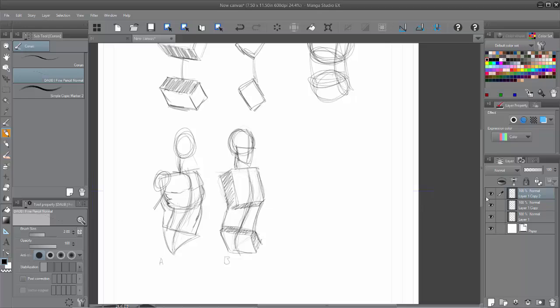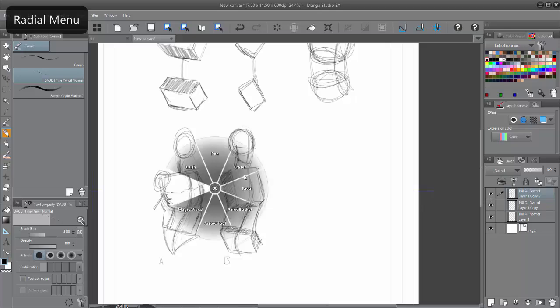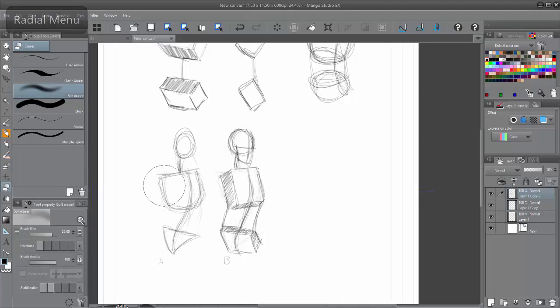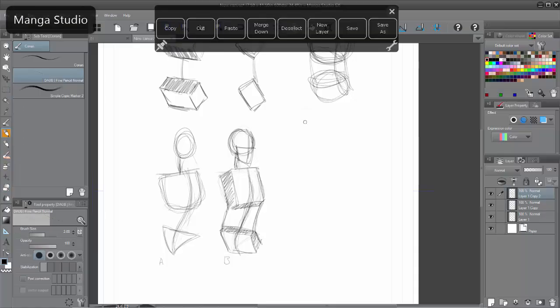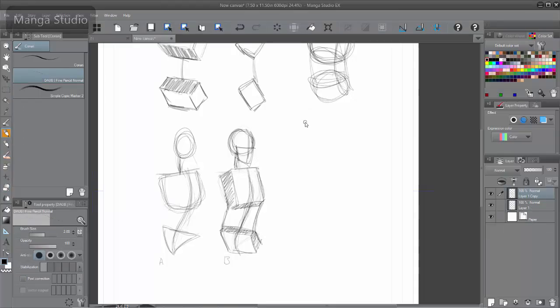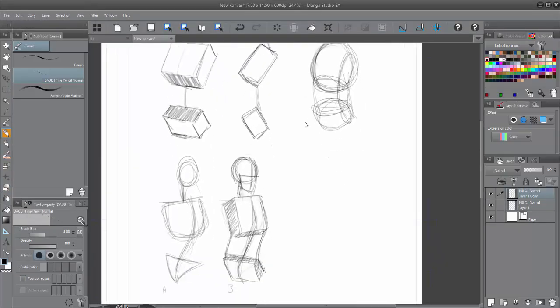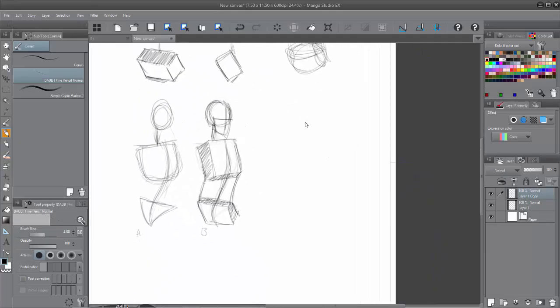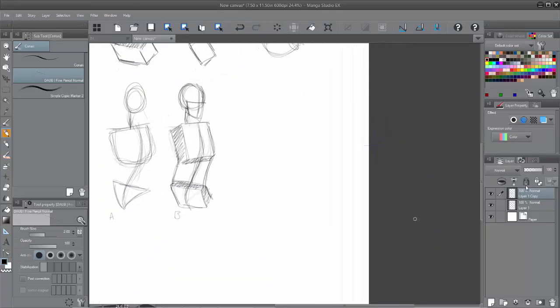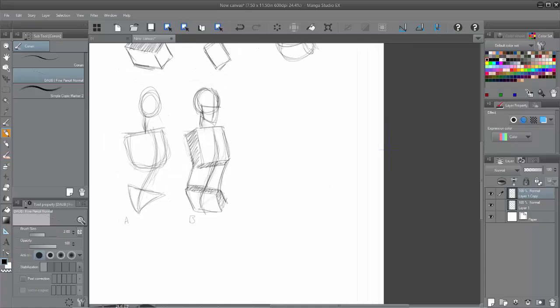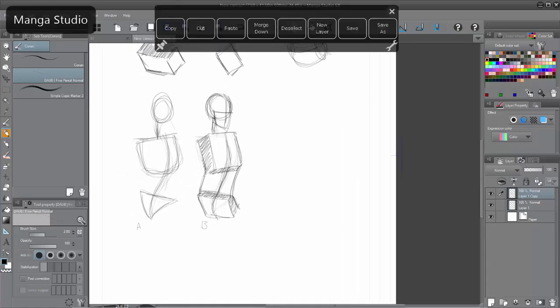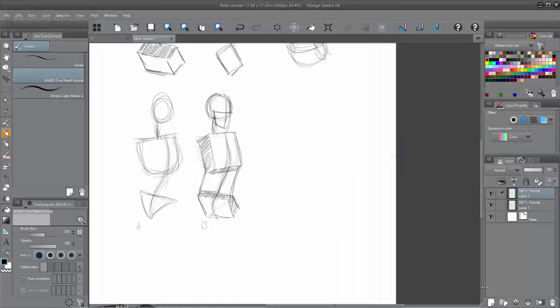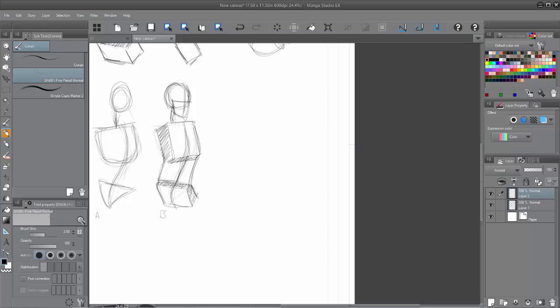But for now, for the beginning stages, it's better to include it, get used to it, get your eyes trained to seeing it. So I would draw everything with my stick figure first, so my skeleton as it were.